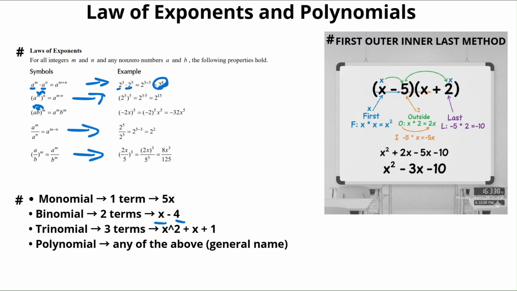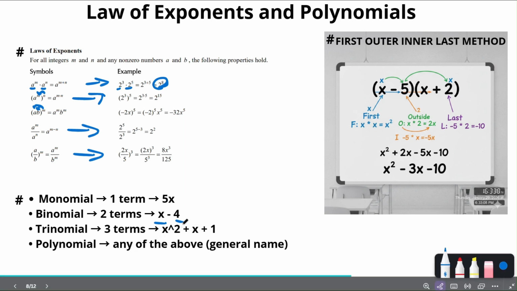And trinomial, there are three terms, obviously, because it says three. There's one term, second term, and third term. This is in the power of 2, by the way. This means x squared, in other words. Polynomial means any of these above. It's just the general name for all.